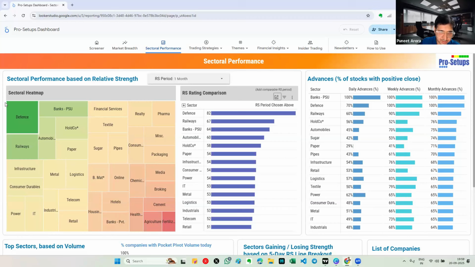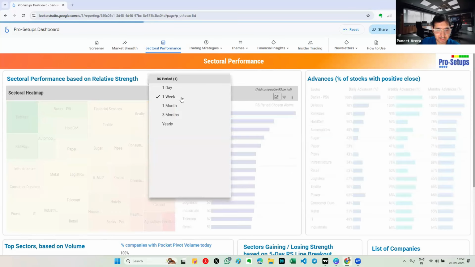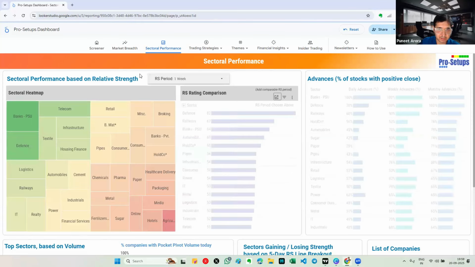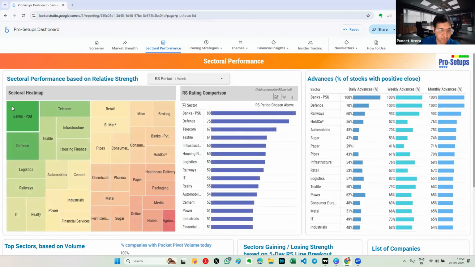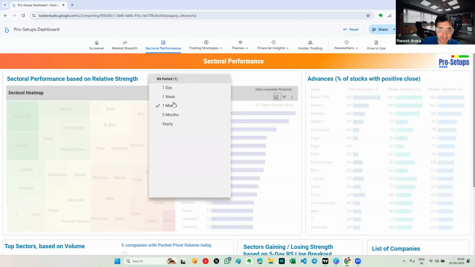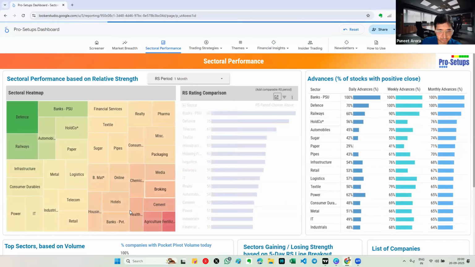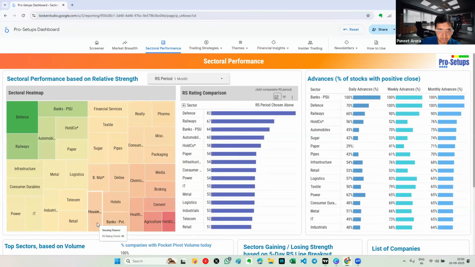I like to take a screenshot of this monthly RS heat map, and then take a screenshot of the weekly RS heat map also, and then see what is moving. For example, in this weekly heat map, bank PSUs are at the top left. On a monthly RS heat map, bank PSUs have already reached here, so they are already green right now.